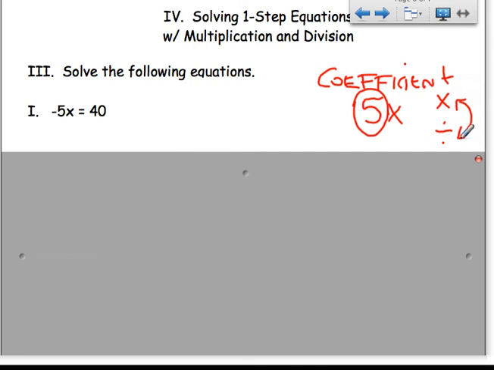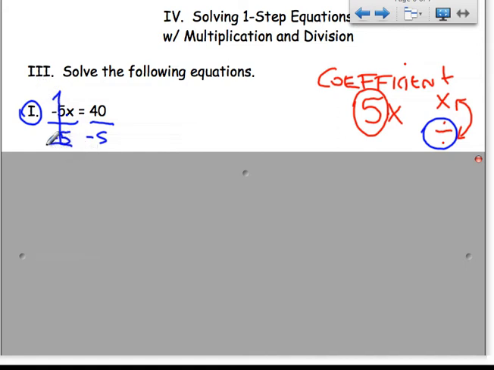Okay, so coming to I, to solve this equation, I have negative 5 times x equals 40. In order to solve that, I need to divide, since I see multiplication, by the coefficient, which is negative 5. If I do that, negative 5 divided by negative 5 cancel, because that just equals 1.